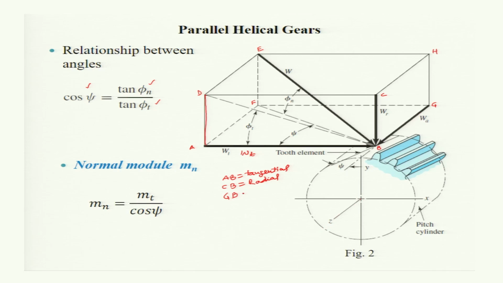So it is the axial direction. Now in the plane of ABCD, the direction DE is the direction in which the normal load acts in the case of spur gear. So DB is the direction of normal load Wn for spur gear.